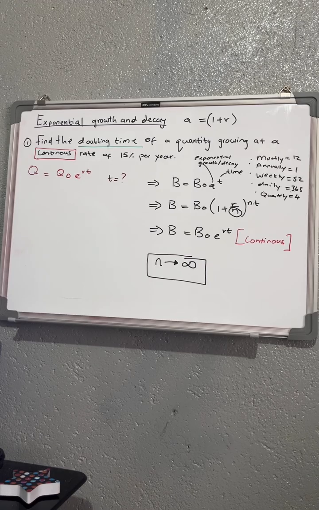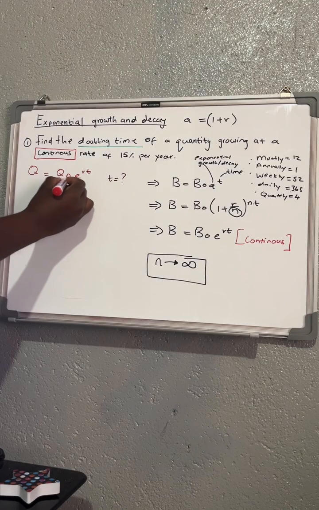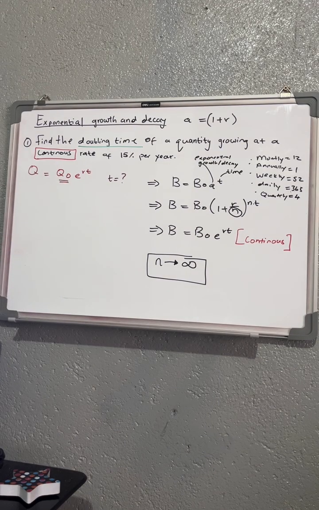The thing that you have to keep in mind also is, at what time t does the quantity equal twice the starting quantity? Which one is the starting? This is the starting quantity. So one thing also to add, it does not matter what amount you start with, it always takes the same time to double.